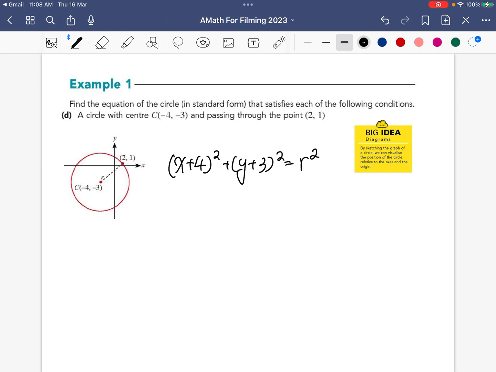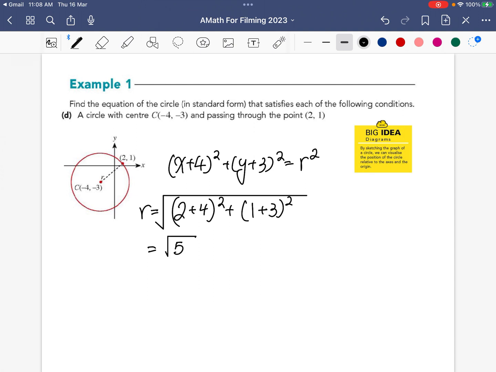So the radius in this case is equal to the square root of (x2 minus x1) squared, so 2 minus -4 gives you plus 6 squared, plus 1 minus -3 is plus 4 squared. So I get 36 plus 16. My radius is the square root of 52. So my equation of my circle is (x + 4)² + (y + 3)² = (√52)², which gives me 52. And that is 1d.